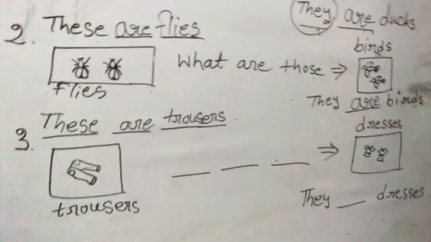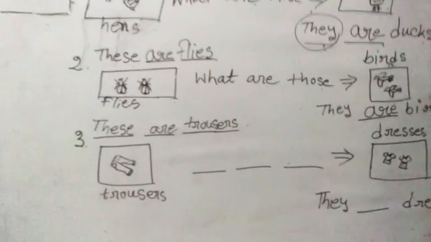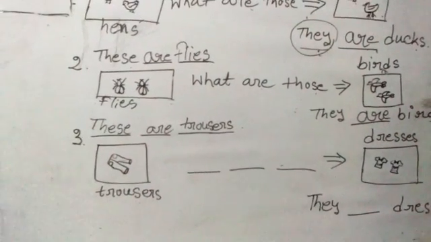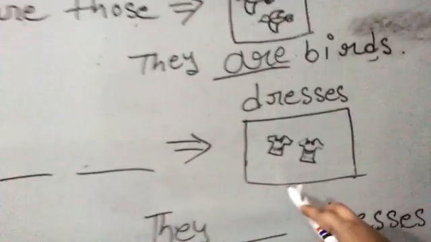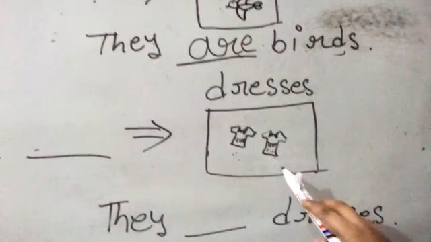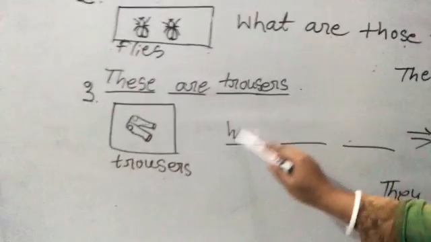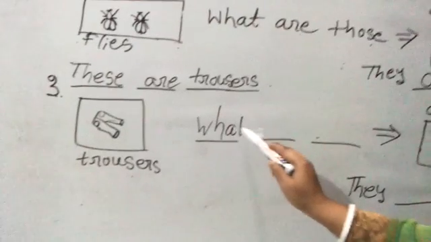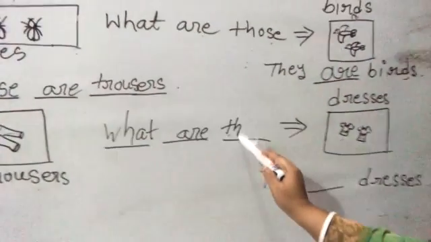Coming to the opposite picture, there are the picture of two dresses. Can you see the picture right beside the trousers? Please have a look from the close view. The picture shows two dresses. So we have to write what? The question will be, what are those?